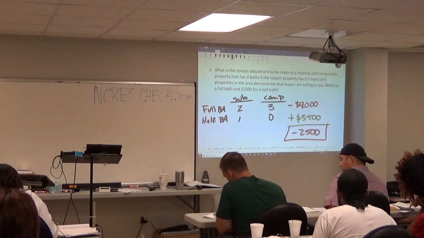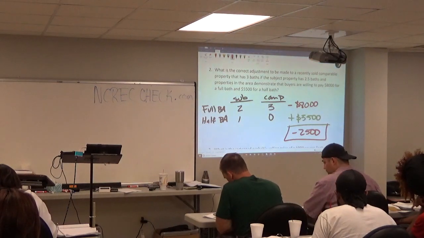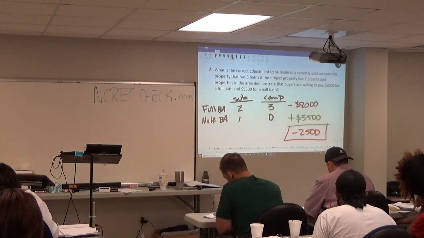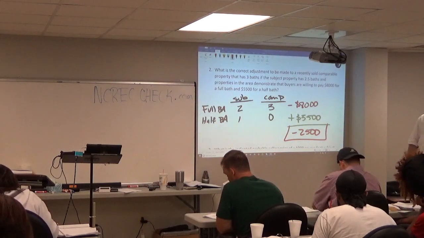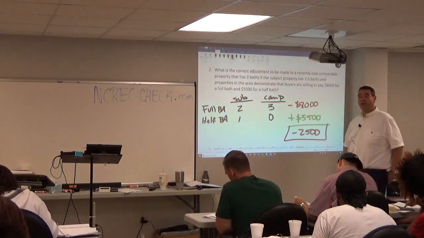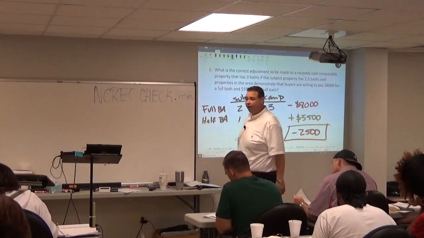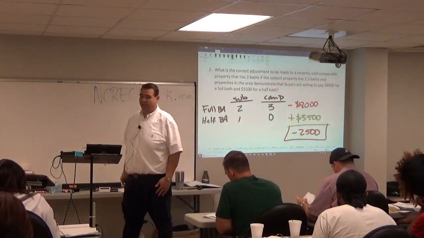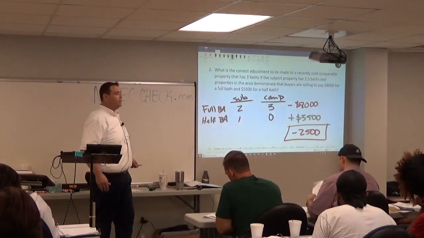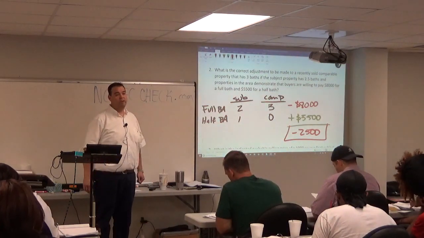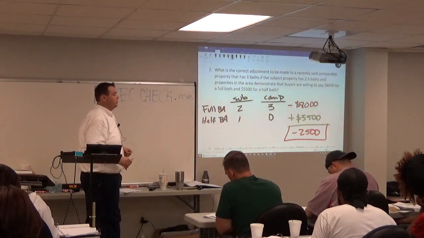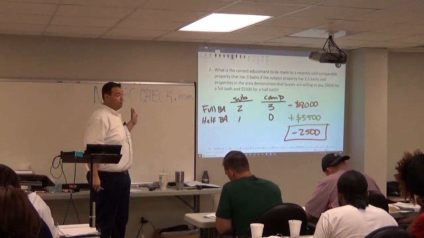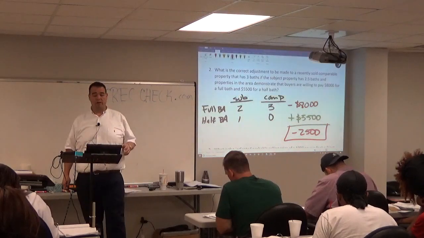And then that puts a negative sign, and then plus 5,500. Does everybody know how to type a negative number into your calculator? You can just type 8,000, and if you look, the calculator has a button on it with plus minus signs. Does everybody see what I'm talking about? You press that button, that puts the negative sign in front of it. Okay, everybody all right? Negative $2,500 adjustment.